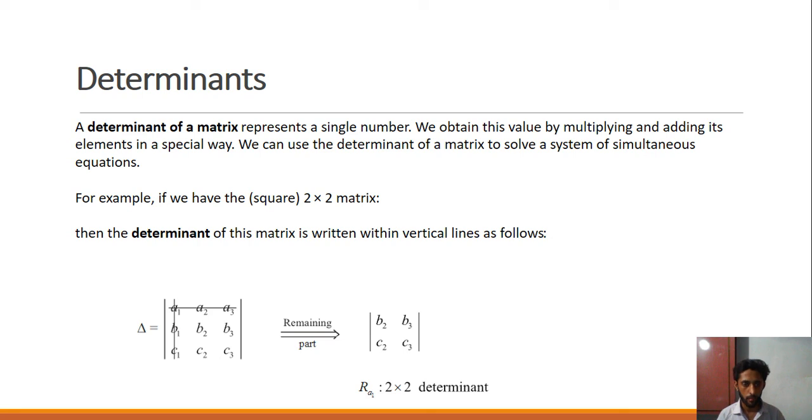For example, if we have a square 2 by 2 matrix, then the determinant of the matrix is written within vertical lines as follows. Now see, this is the sign of determinant, equals, and we draw two straight lines, and inside these are the elements.